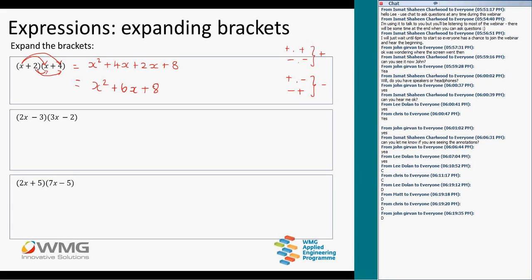So 2x times 3, 2x times minus 2. Just finding this term first of all. 2 times 3 is 6, and x times x is x squared.